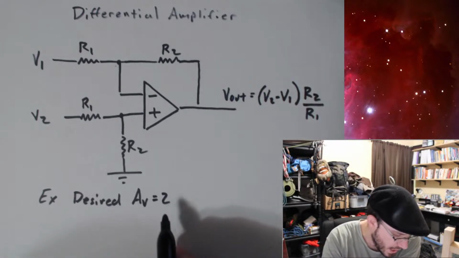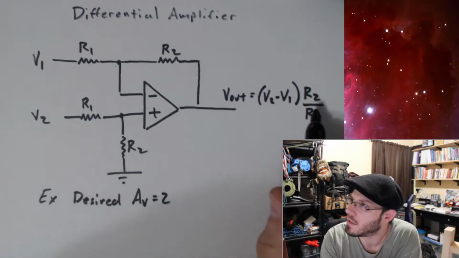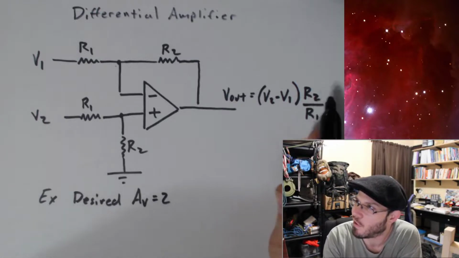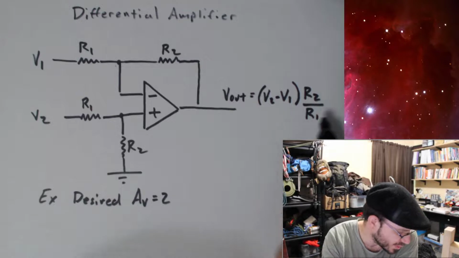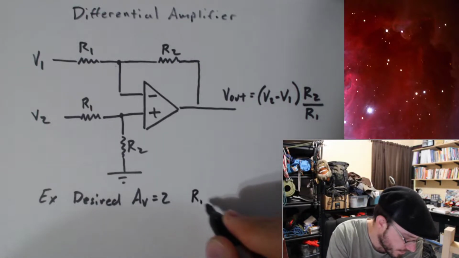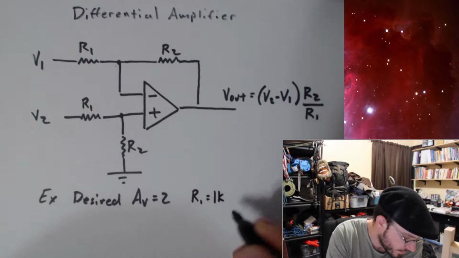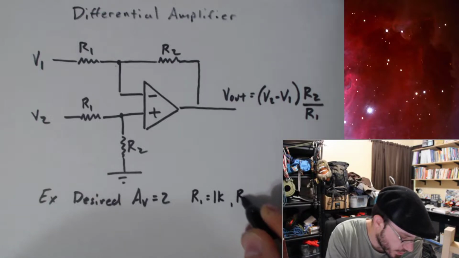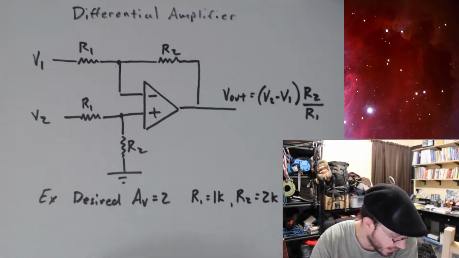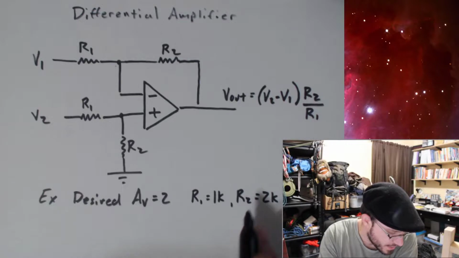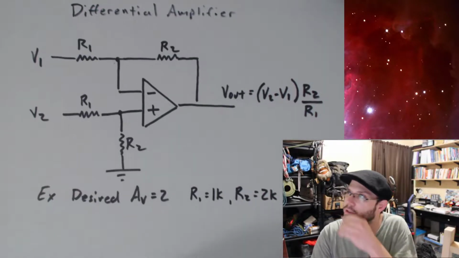And if we want a gain of 2, then by this equation, we just need to have R2 be double whatever R1 is. So if R1 is 1K, R2 is going to be equal to 2K. Okay, and that's really all there is for setting up this circuit.